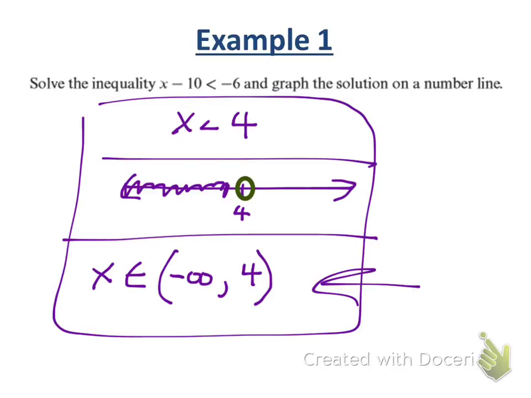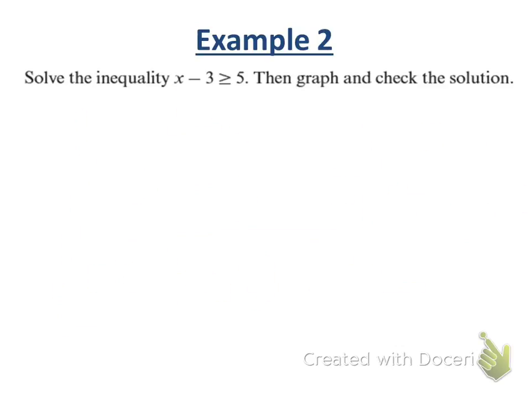Yeah, you could graph equals, but it's really boring, right? If this was x equals 4, what would that look like on a number line? 4. Yeah, just one dot at 4. It's just kind of boring. But yeah, you can have a number line representation.